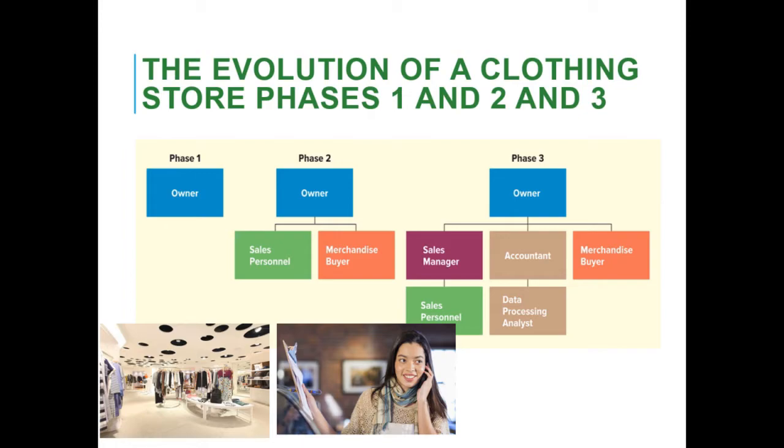If the owner decides to expand even more to other stores, they will need to hire more people. This figure here shows three different organizational charts in three different phases of this business.